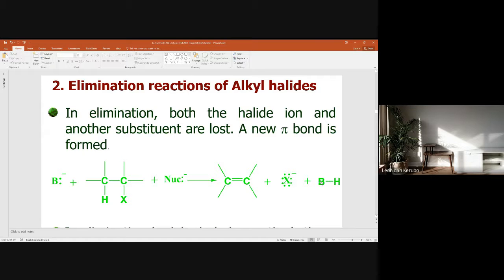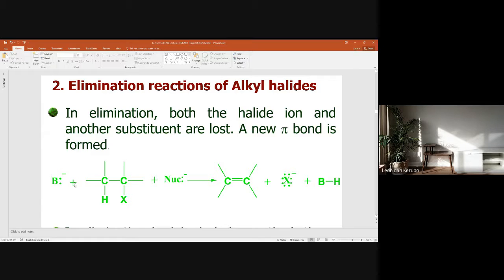You can also see a base approaching the hydrogen, this acidic proton on the adjacent carbon. So this base will abstract this hydrogen. One of the requirements is that the adjacent carbon should at least have a carbon-hydrogen bond. So that hydrogen is the one which will be abstracted.